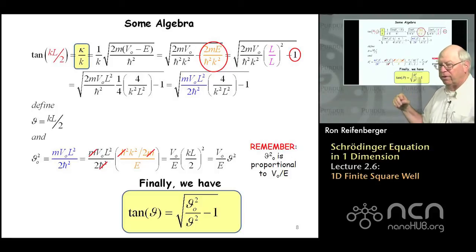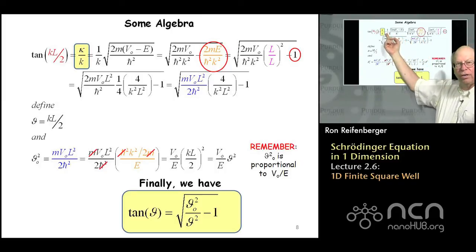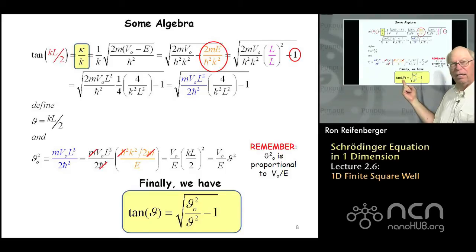After a few lines of algebra, what you find is that the equation up here can be rewritten in terms of a new variable theta. This new variable theta is just kL by 2, and then there's a constant parameter theta naught. Theta naught involves the mass of the particle, the length of the well squared, and the depth of the well, which is this parameter V0.